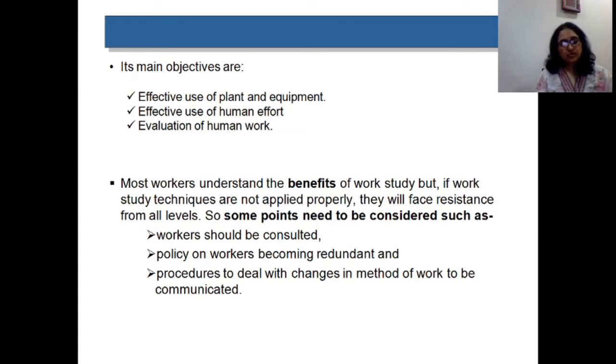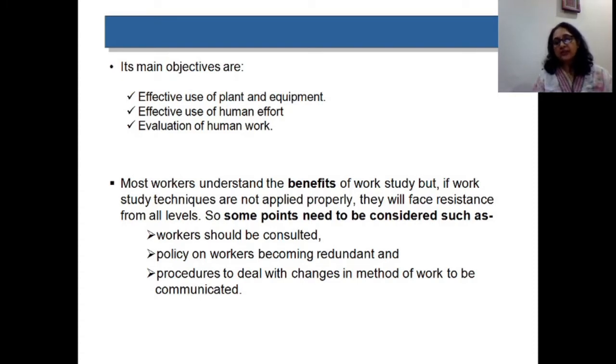Now, most of the workers understand that work study has many benefits. It helps to eliminate drudgery, frustration, and it brings an increase in their salary, and also it helps the nation to do better. But still, if work study techniques are not applied properly, they may face resistance from all levels.